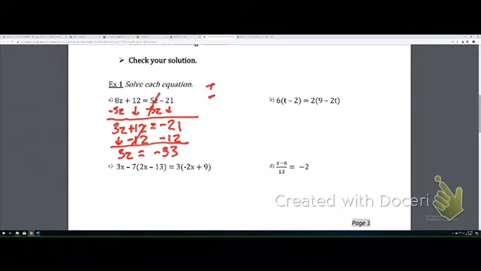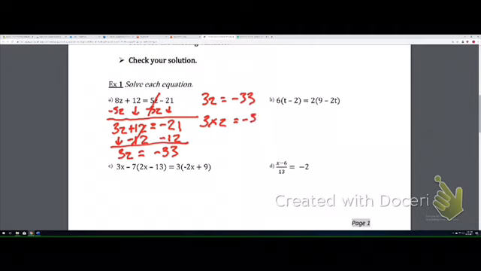The last part we have to do is solve for the missing variable. So we have 3z equals negative 34. We need this 3 to get onto the other side. Right now, 3 is multiplying by z.